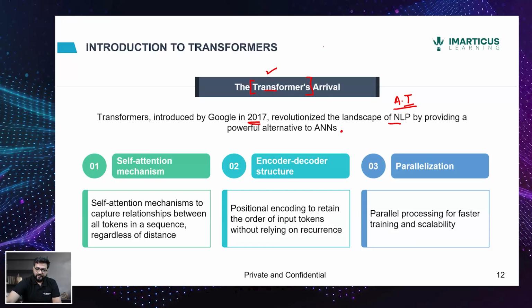We discussed that we were facing issues with artificial neural networks, even the special ones that we had like RNNs, LSTMs, and GRUs.